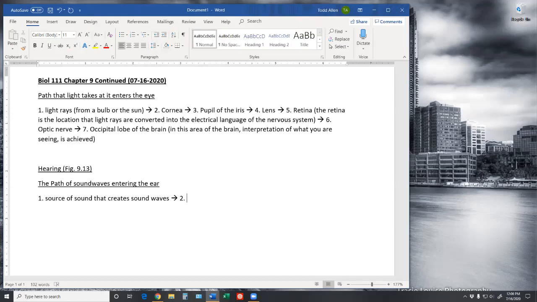Okay, so that's what the pinna is. The pinna is basically the cartilaginous portion of your ear that sits outside the bones of your skull. Okay, so number two is the pinna. Okay, so the sound waves enter the pinna. They then funnel into the external auditory canal. That's number 3.